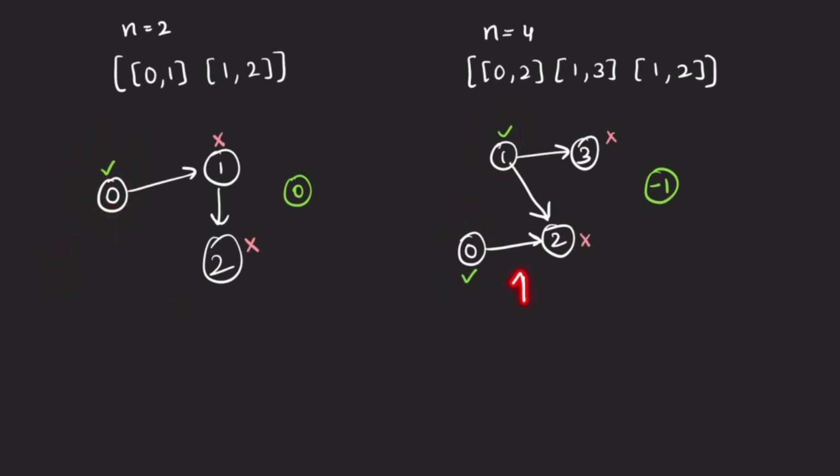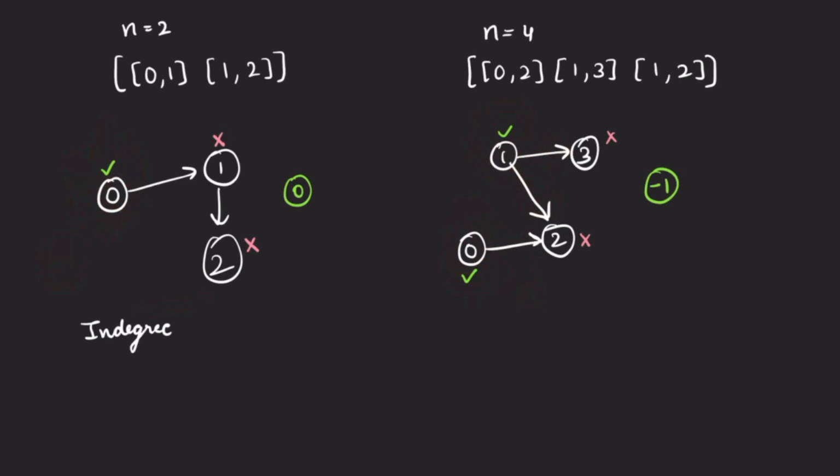In this case also, for node 0, there is no edge coming towards it. The edges only start from node 0. For node 1 also, there is no edge coming towards it. All the edges start from 1, right? So we need to find the count of such nodes. Now, this concept in graphs is known as in-degree.